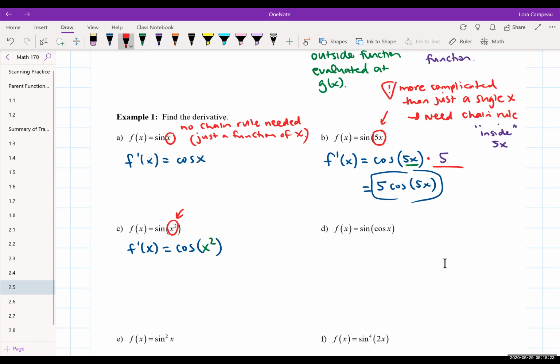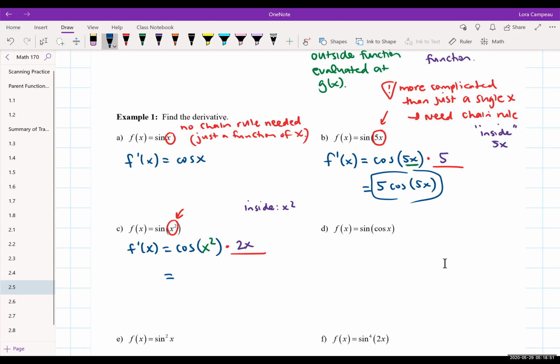Now we need to multiply it by the derivative of the inside function. The inside function is x squared, and if you take the derivative of x squared with respect to x, that is 2 times x. We want to clean this up a little bit.